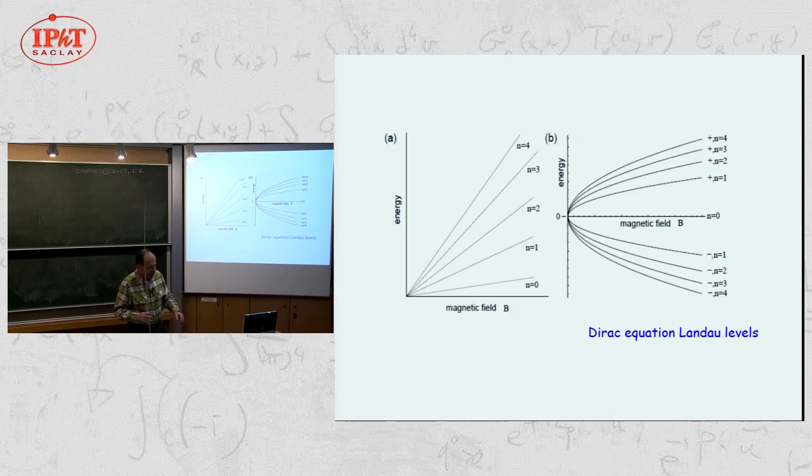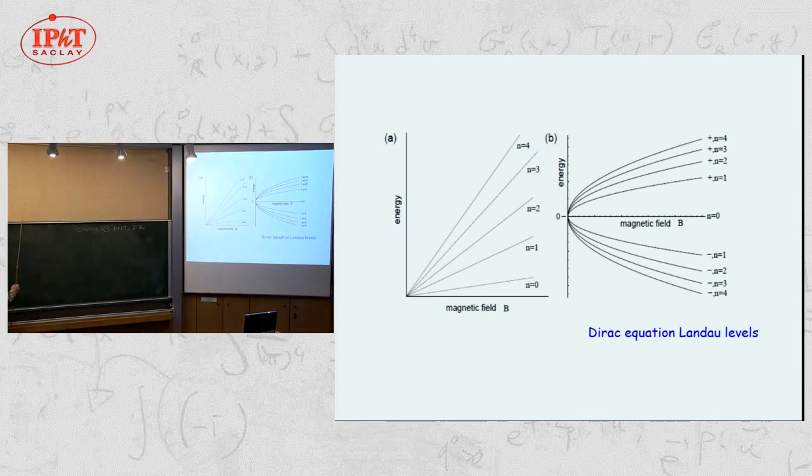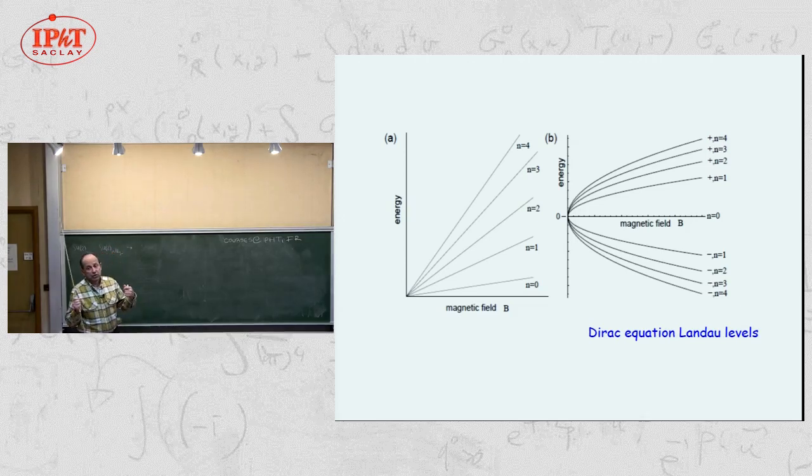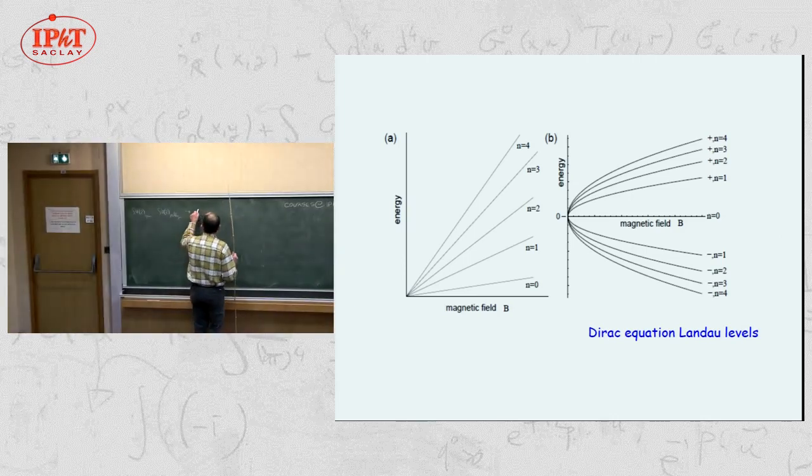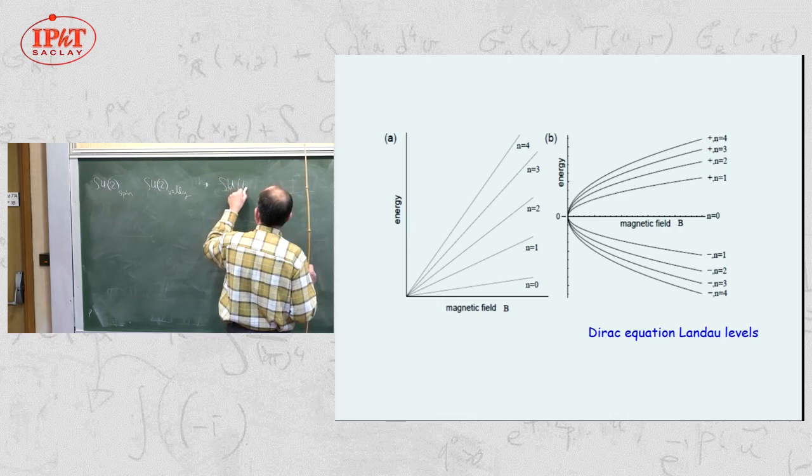And I briefly mentioned that if you look at the Coulomb interaction between the electrons, in addition to the obvious SU(2) spin symmetry, there is also an SU(2) symmetry between the valleys. And in fact, there is an even larger symmetry. You can make unitary rotations in the 4D space spanned by valley and spin degrees of freedom. So in fact, the Coulomb interaction has an even larger SU(4) symmetry.